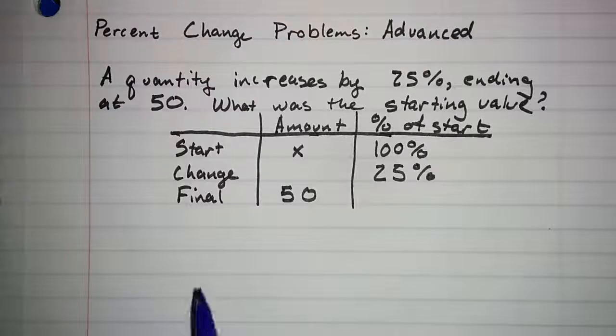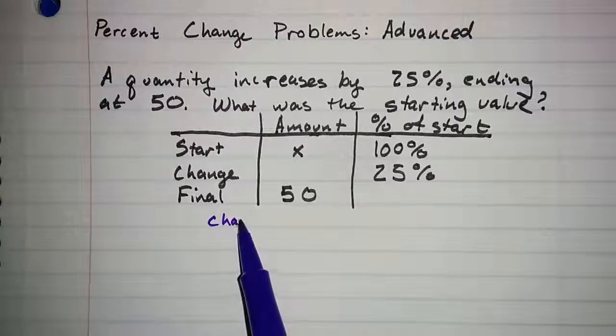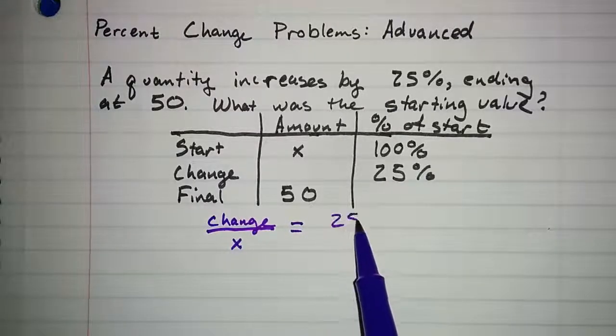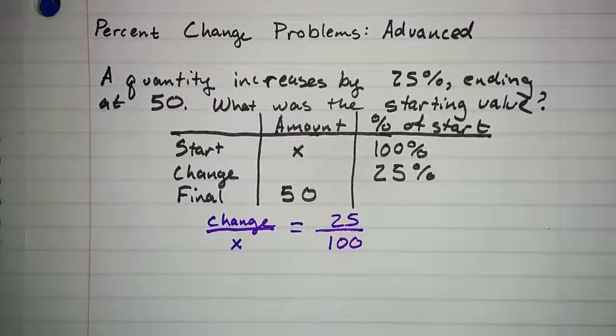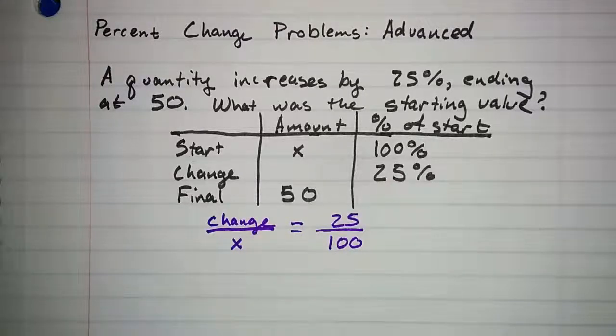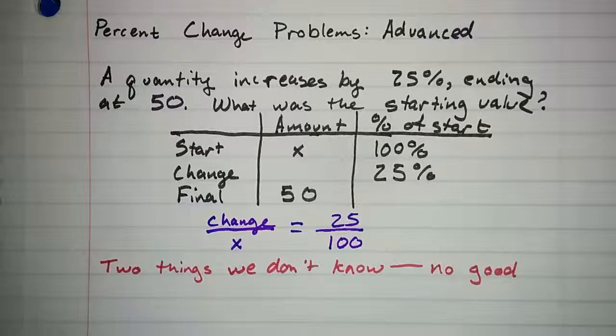Right? We'd like to say that the change over our starting amount, x, is 25%. Uh-oh, though. We don't know the change, do we? So there are two numbers in this proportion that we don't know. Okay, well, we had this situation before, where there were two things in our percent proportion we didn't know.